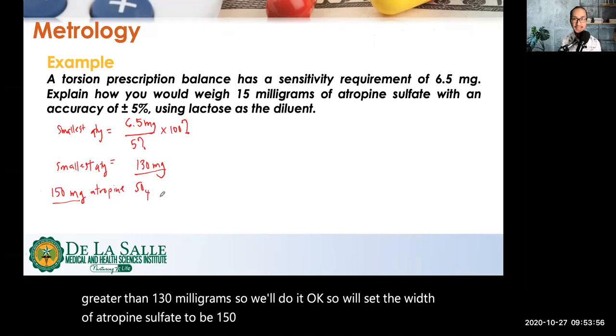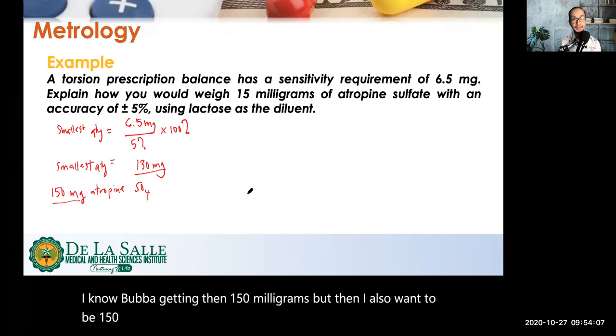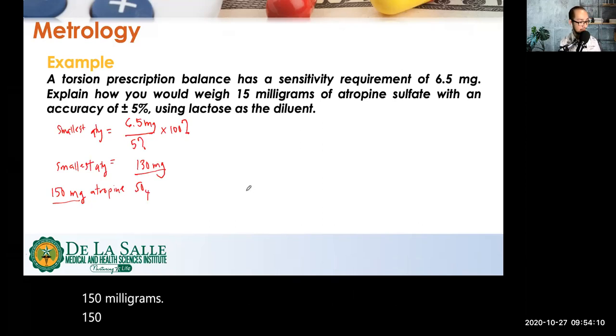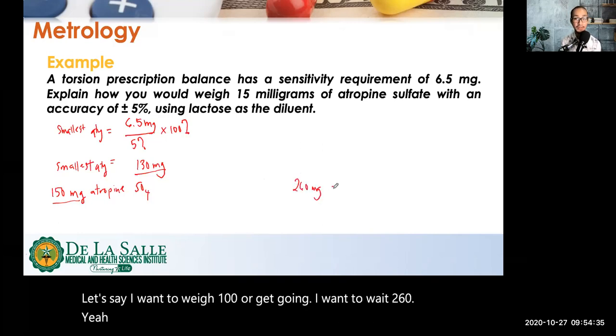Now let's say I want to weigh 260 milligrams of the aliquot in the end.